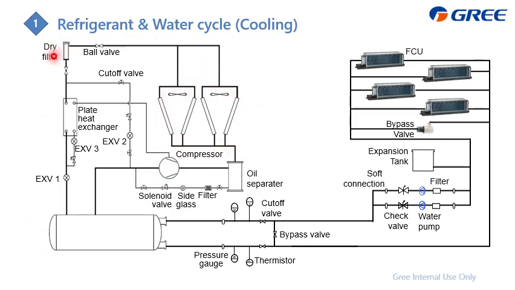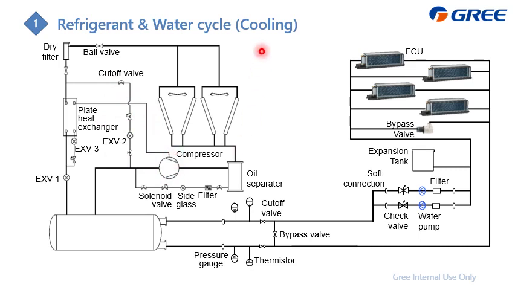After that, we have the dry filter, then the preheat exchanger as a subcooler, and this is the evaporator. You can also find the oil return, and we also have different pipes for the compressor for different functions.